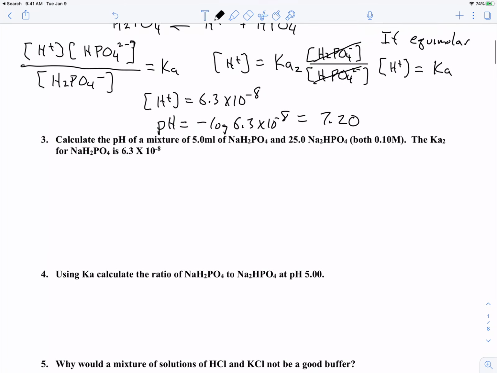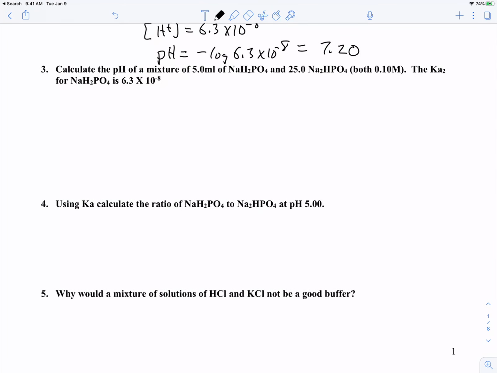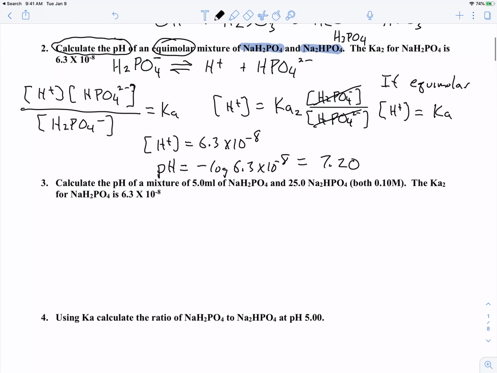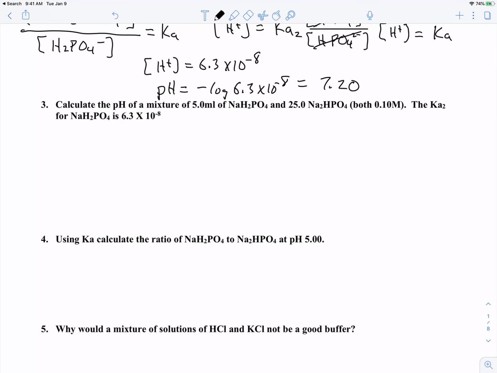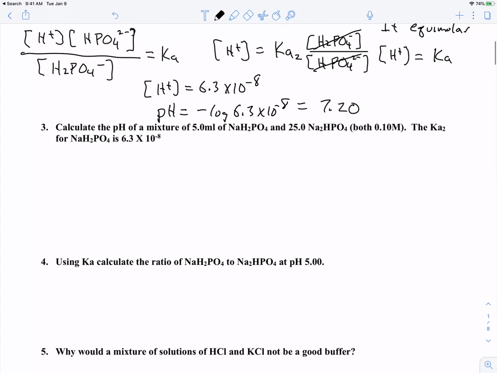Well, what if we have a mixture in which the conjugate acid and base are not the same? So we're taking baby steps here, learning about buffers. Let's take this expression that we used up above, and let's bring that down.